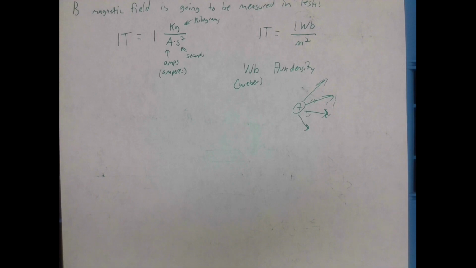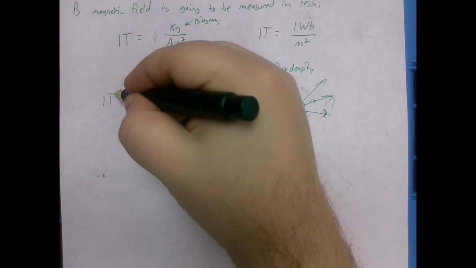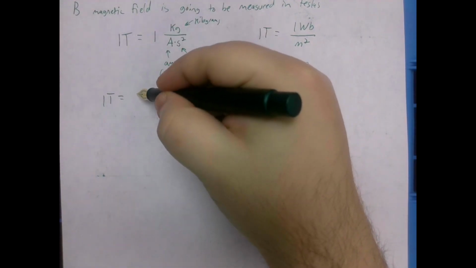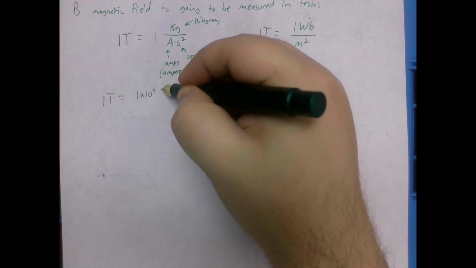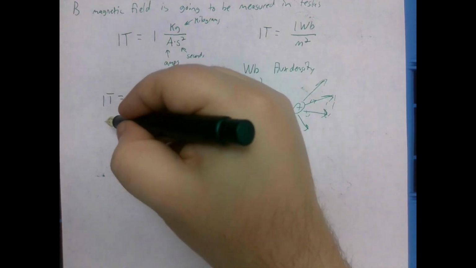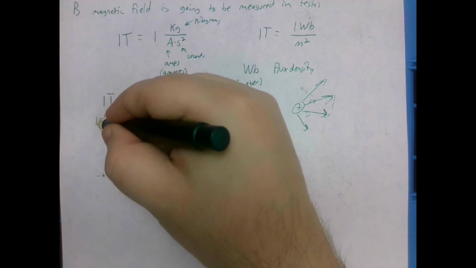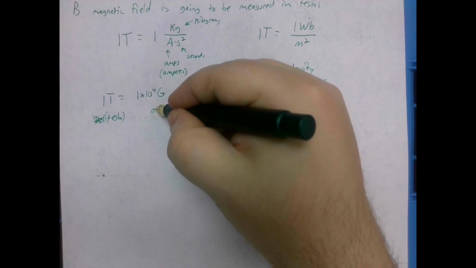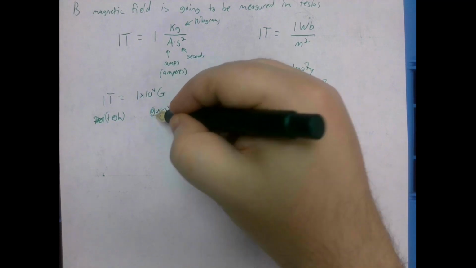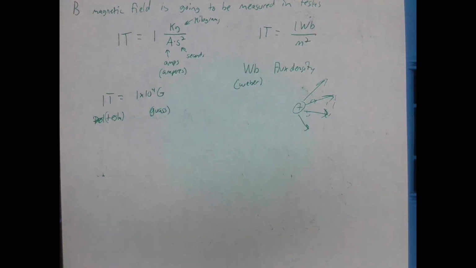And where's Gauss? 1 Tesla is equal to 1 times 10 to the 4th Gauss. So this is Tesla. This is Gauss.